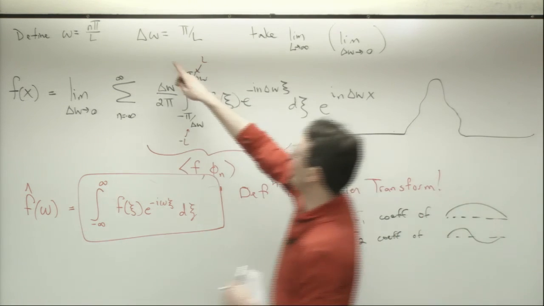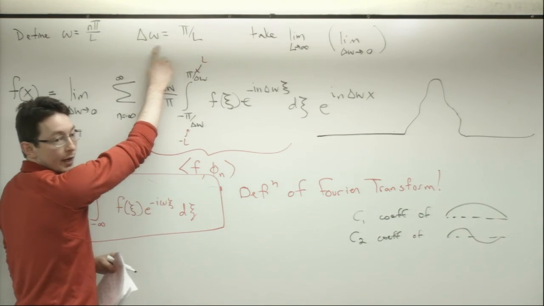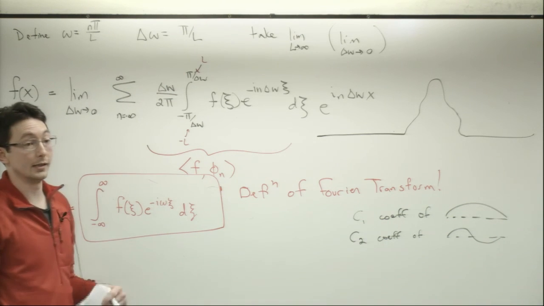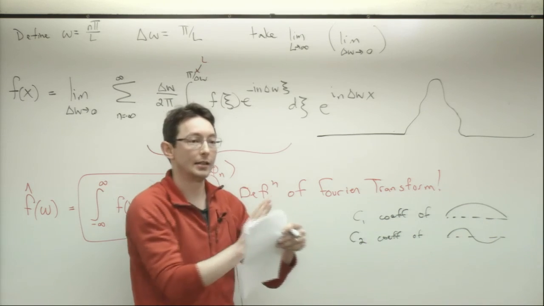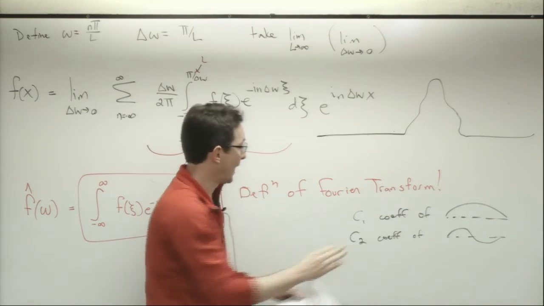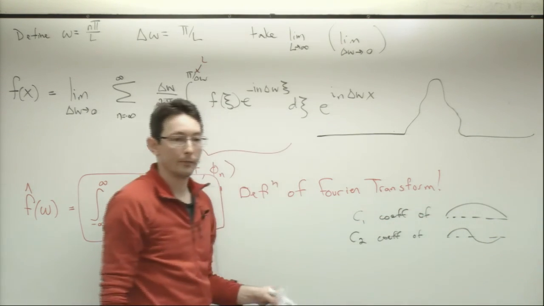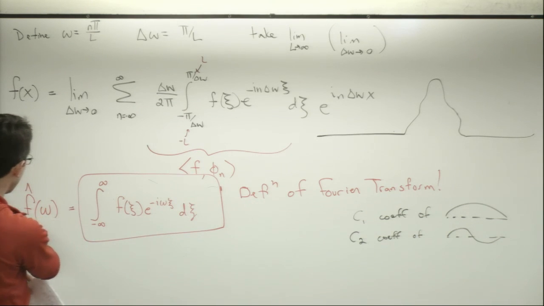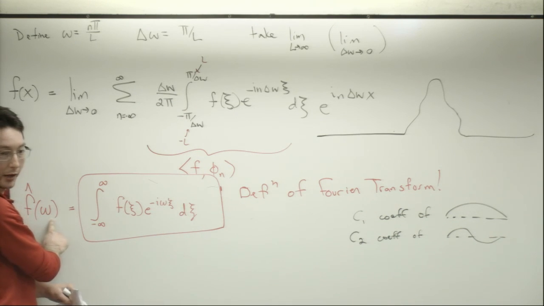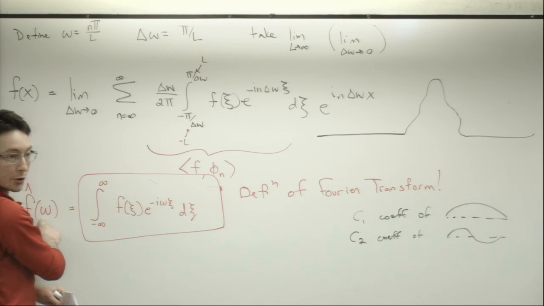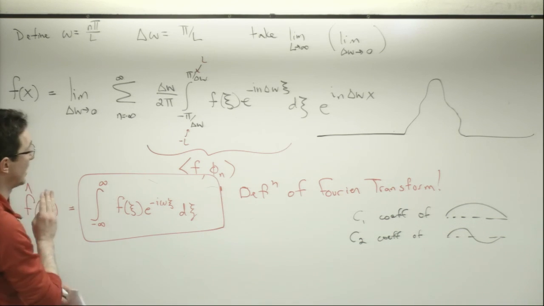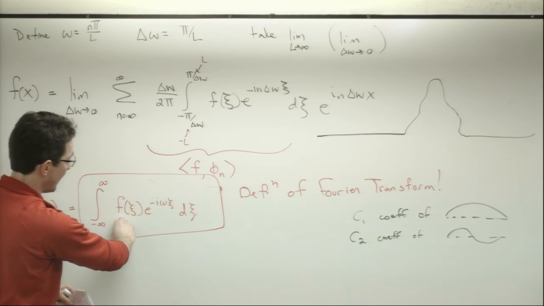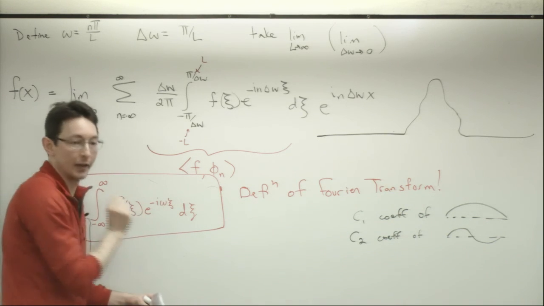But when I took the limit as L goes to infinity, the spacing between my frequencies went to 0, and instead of discrete frequencies, I have a continuum of frequencies. I can have every frequency between here and here. I have an entire function of all frequencies. I can plug in 2 pi or 2 pi plus 0.0001. I can plug in any frequency I like here, and I can tell how much of my function is in that exact sine or cosine frequency.